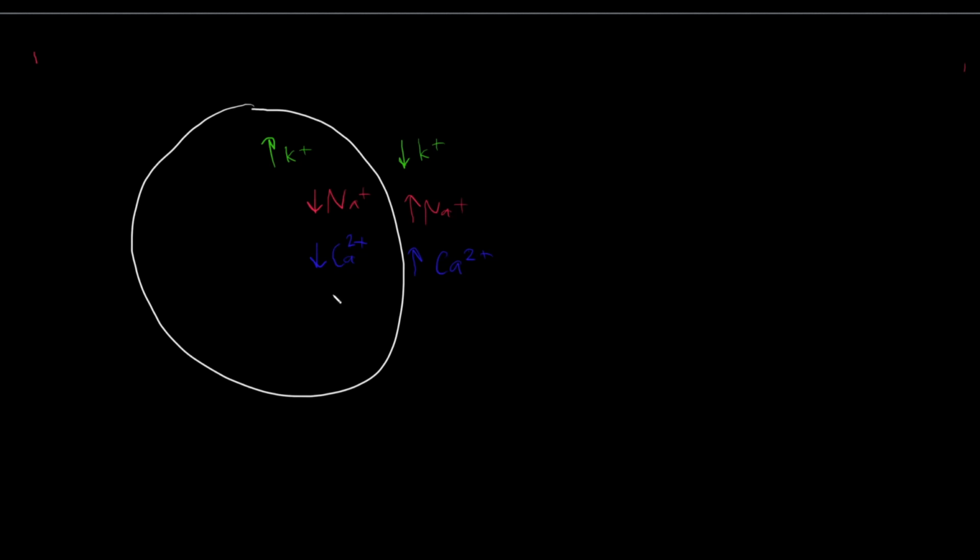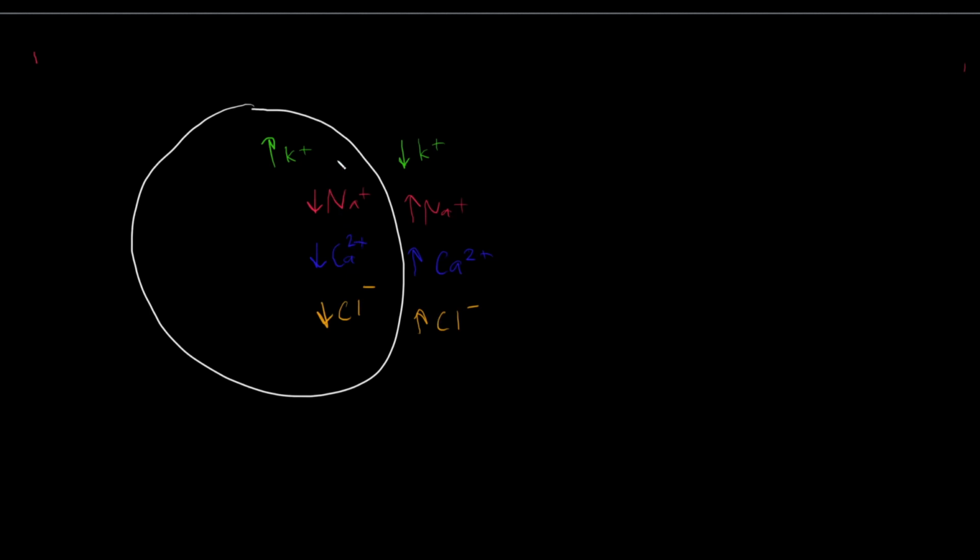And then lastly, one anion, being the chloride ion, and let's do this orange. This also has a low magnitude inside the cell relative to outside the cell.